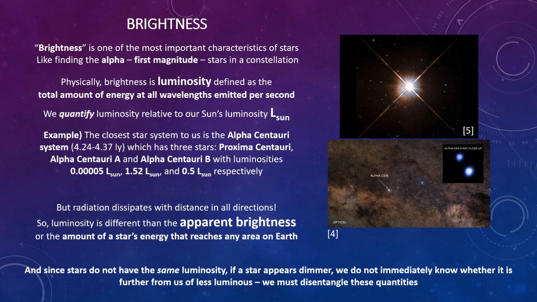So if a star appears dimmer, we don't know if it's further away from us or if it's less luminous. So we need to disentangle these two things to determine the distance. We can't just say, oh, that star is dimmer, so it's further away. It could be that it's closer, but it's less luminous.